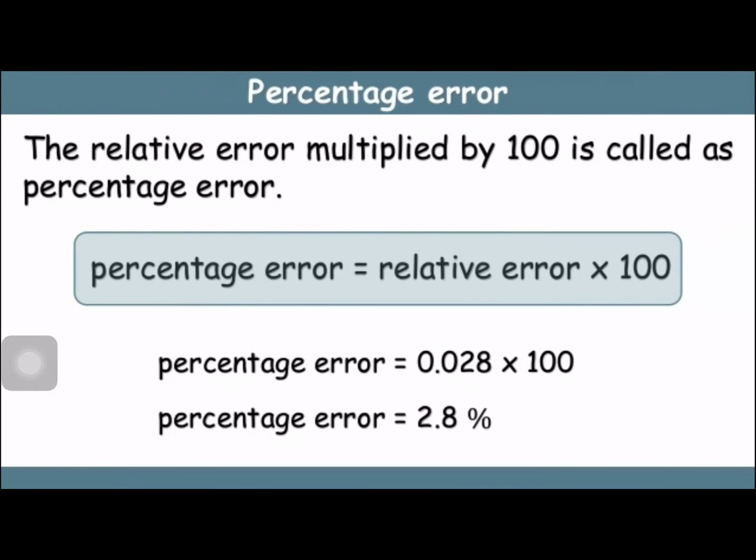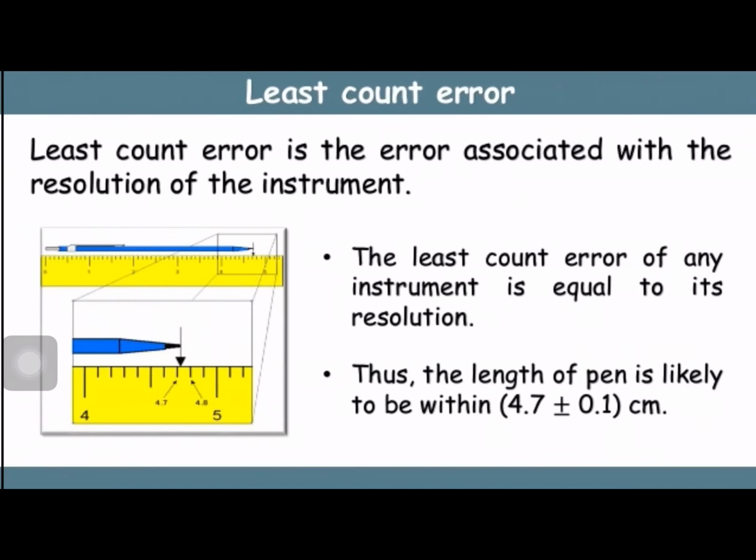And finally we come to percentage error. The relative error multiplied by 100 is called percentage error. Relative error already calculated, 0.028 into 100, that is 2.8%. So you can see how close we are to the original value. So 2.8% error is there.